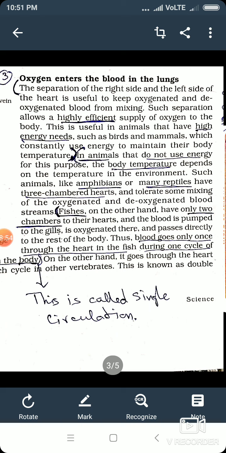So in fishes, blood goes only once through the heart during one cycle of passage through the body, and this is what is called single circulation. So you must have understood what is double circulation and what is single circulation, and why there is need for the separation of oxygenated and deoxygenated blood in birds and mammals.